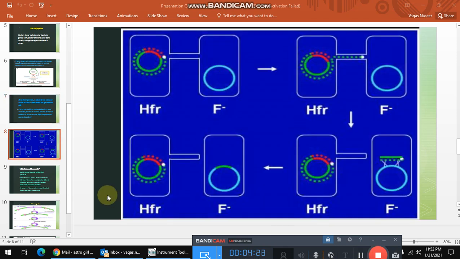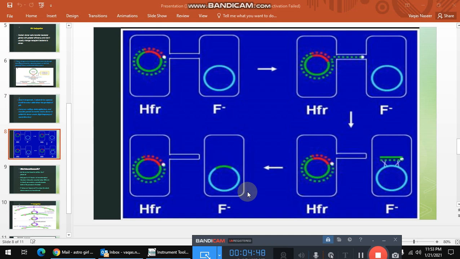Let's understand diagrammatically. Friends, you can see when the genetic material starts to transfer into the F negative bacteria from the HFR bacteria, the starting point is present at the fertility factor. So only part of the fertility factor is transferred into the F negative bacteria. You can see over here, and the chain breaks. And why does the F negative not convert into an F positive bacteria?